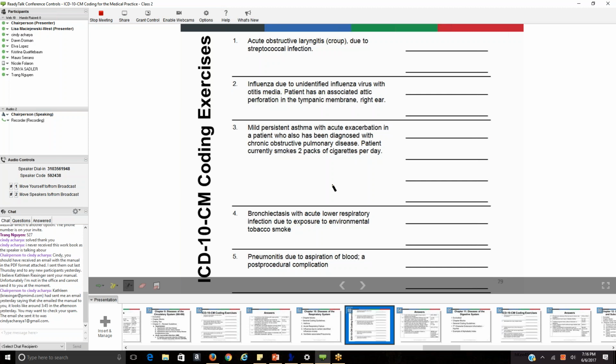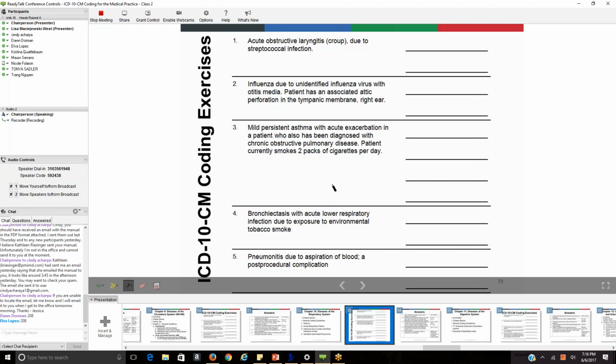So whoever finds the laryngitis code, let us know what page that's on. Laryngitis, page 208. Good job.